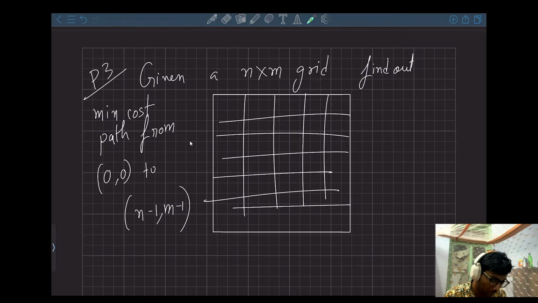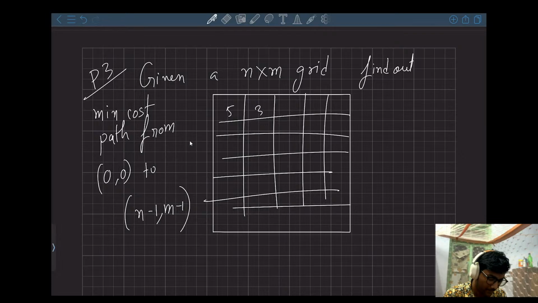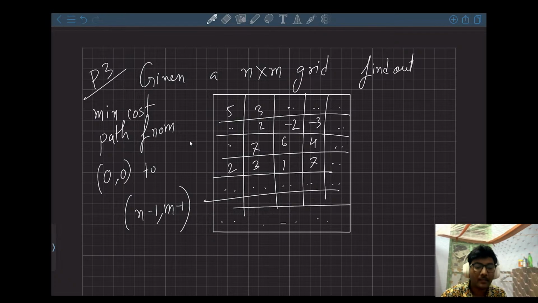So basically, I want to go from here to here, and every cell contains some value, say 5, 3, 2, 6, 9, 7, -1, -2, -3, 4, 7, 1, 3, 2. I want to go from point A to point B, and every cell has some associated cost that if you step on that cell, you have to pay the fare.